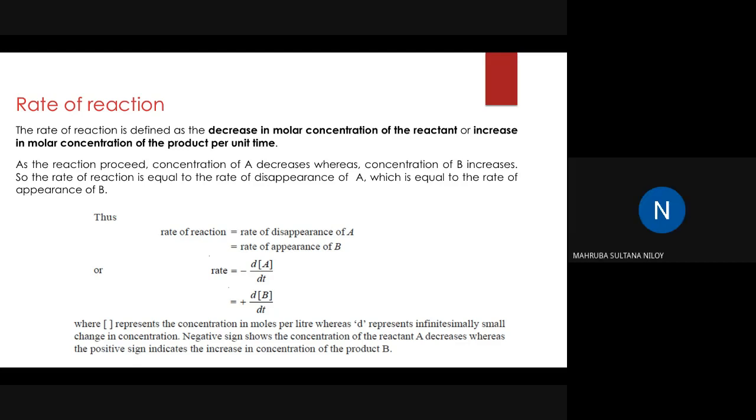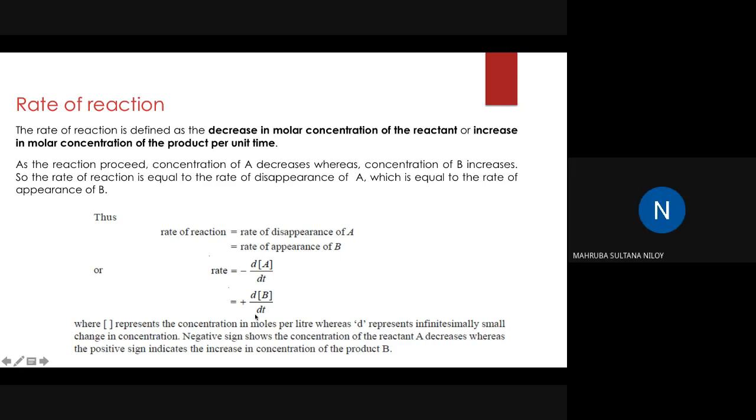Okay, so here how can we express the rate? Here we can see that A is the reactant and B is the product. So minus d[A]/dt is the disappearance or reduction of the reactant, and plus d[B]/dt is the increasing rate of the product.